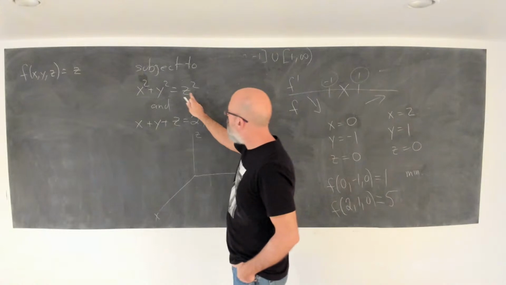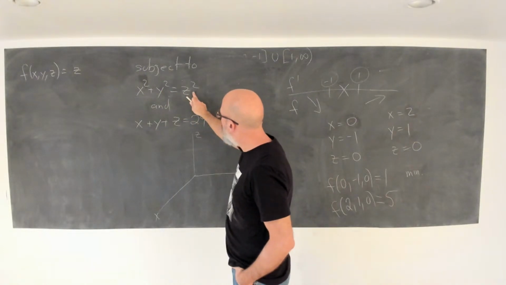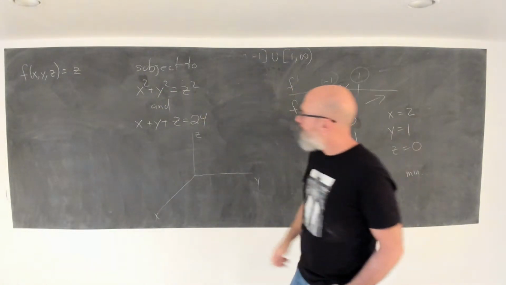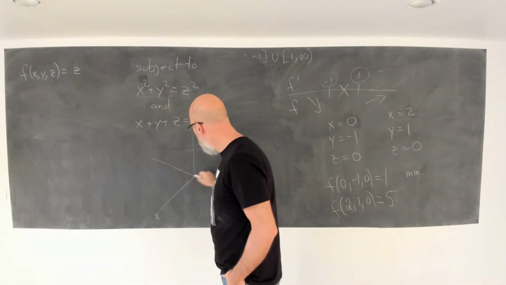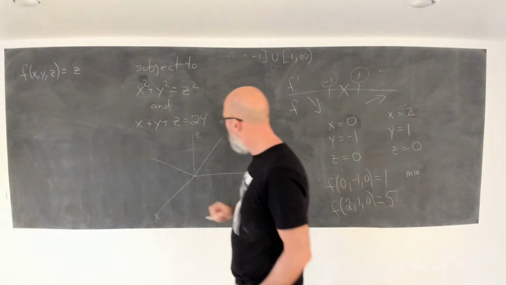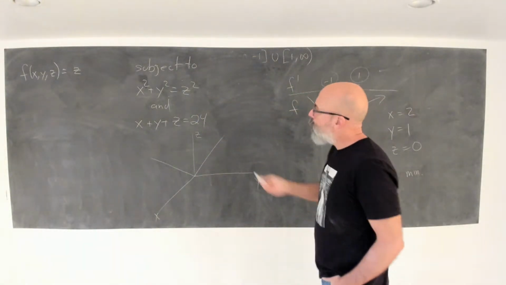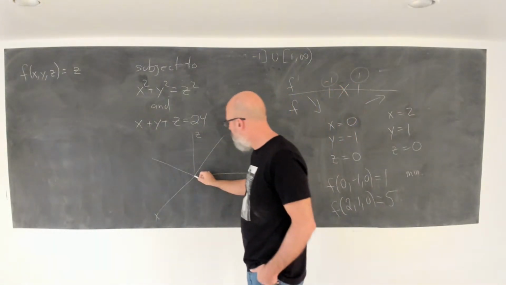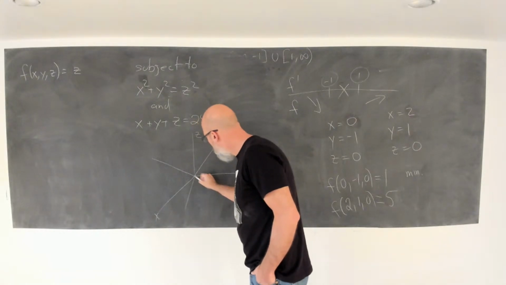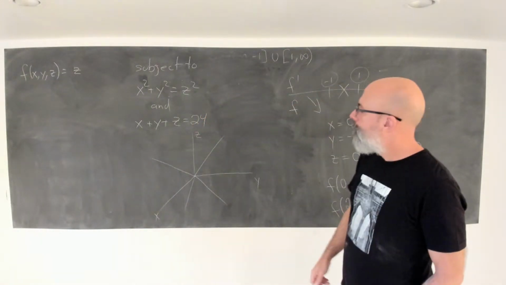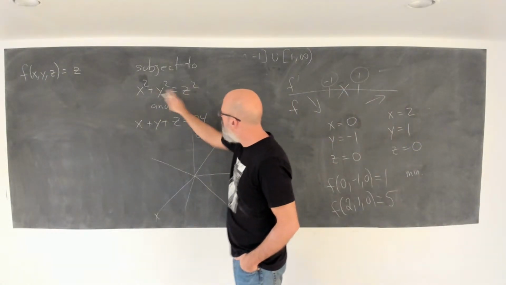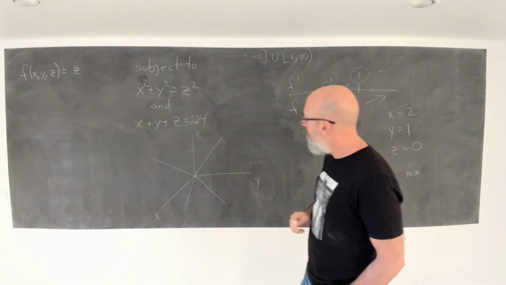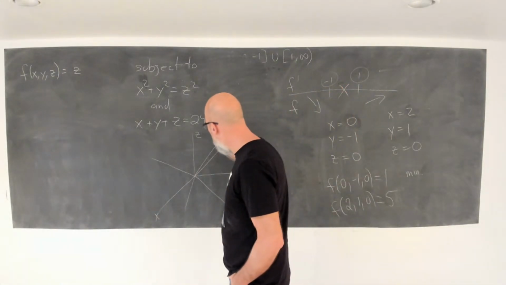When Y is 0, Z is the absolute value of X. So you know what that looks like. Plus or minus, in fact, right? And in the YZ plane, when X is 0, Z is the absolute value of Y. Again, plus or minus.